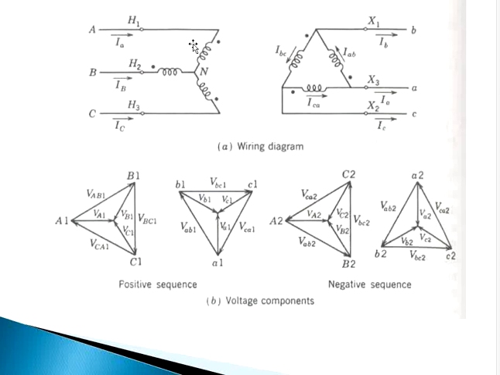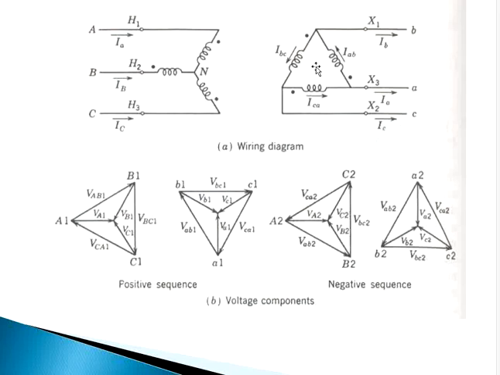Yes. Now you can see here, when you compare the star and delta, your H1 to N is in parallel with this IBC, and your H2 to N is parallel with the ICA, and your H3 to N is parallel with this IAB.